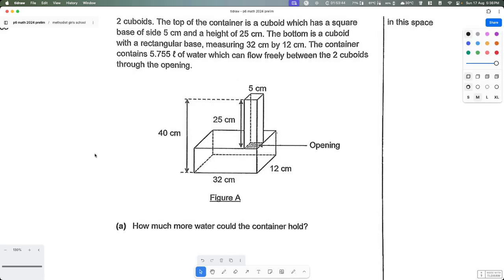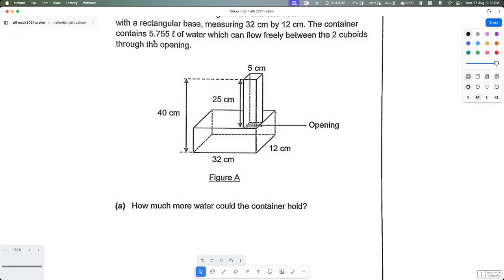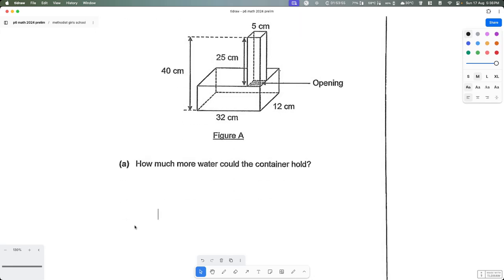So that's part A. What we can do is combine these two and then minus the 5.755 liters of water. Okay, so first, I will say top cuboid volume is equal to length times breadth times height.